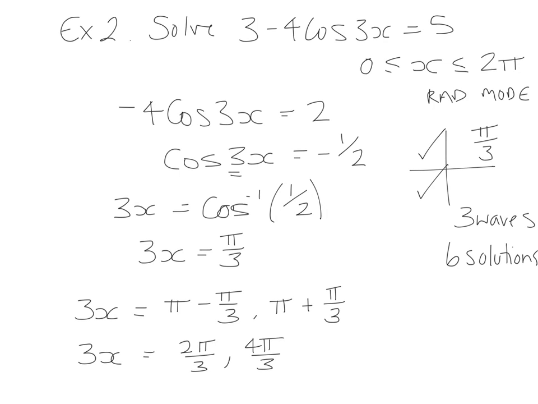Now that's only wave 1, and obviously I've started to run out of space, so I'm going to go back onto the next slide and I'll rewrite that last line again first of all. So we had 3x equal to 2 pi over 3 and 4 pi over 3. So that's wave 1.